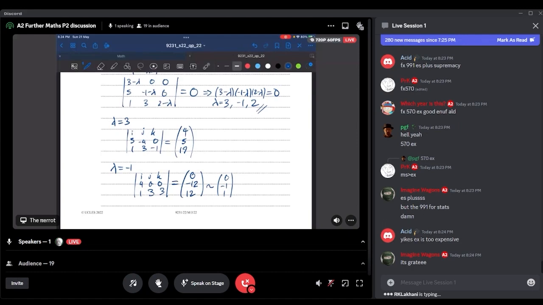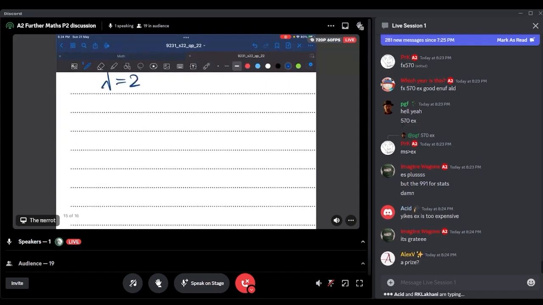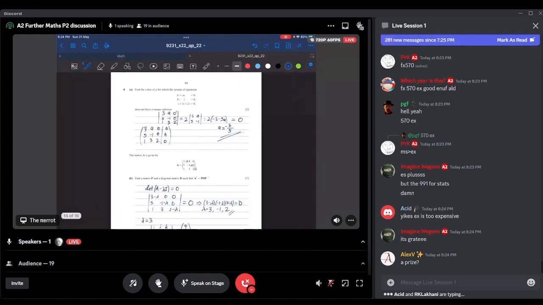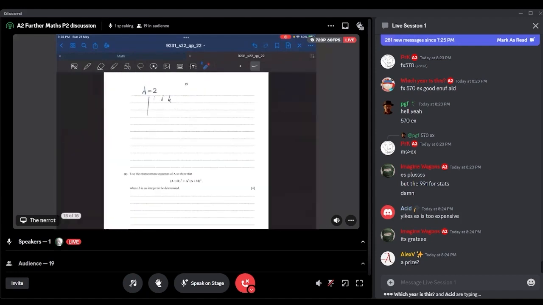Okay, so for the last one, lambda is 2. I, j, k again. When lambda is 2, we have 3 minus 2, so that's 1. And then minus 1 minus 2, sorry, so it's minus 3.